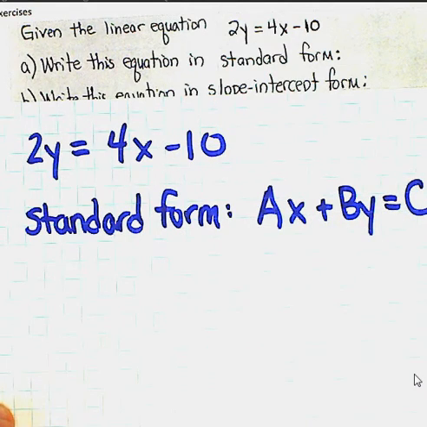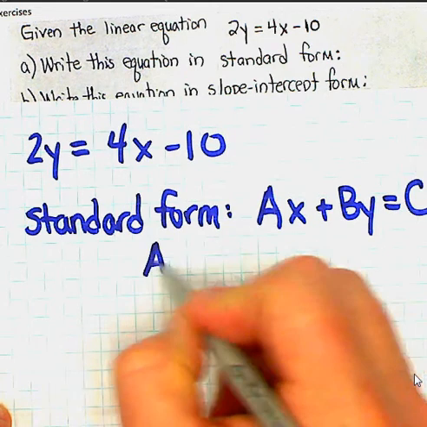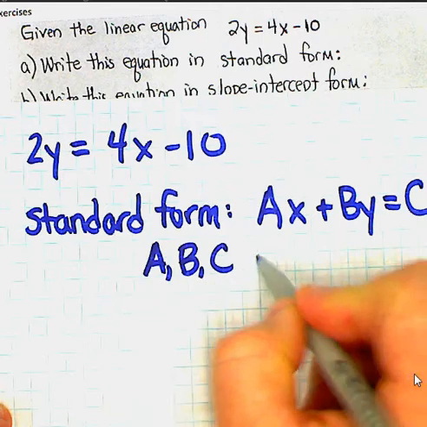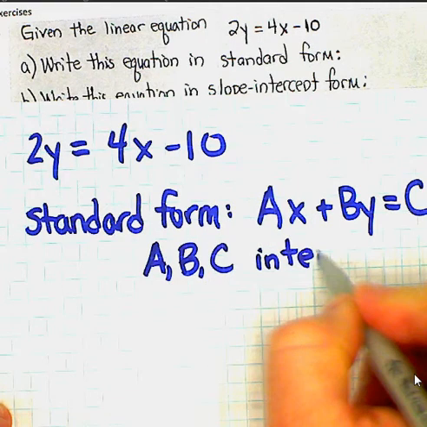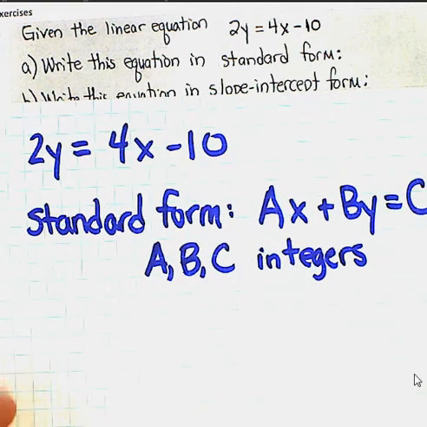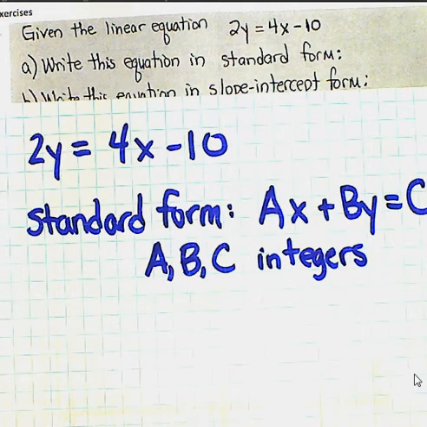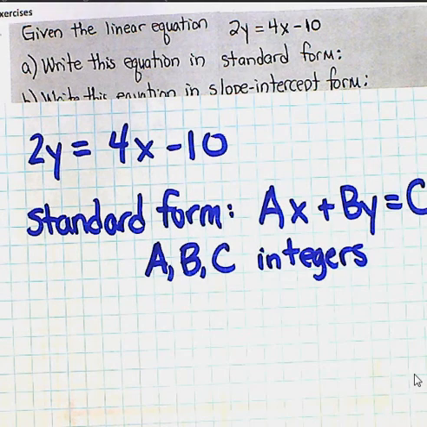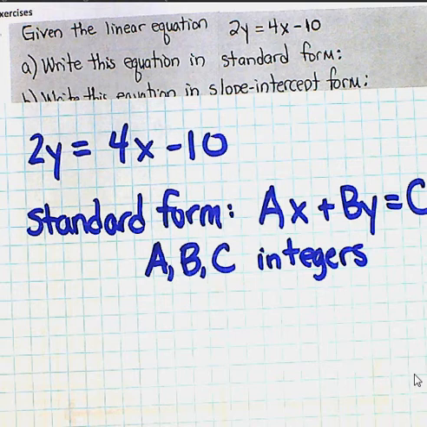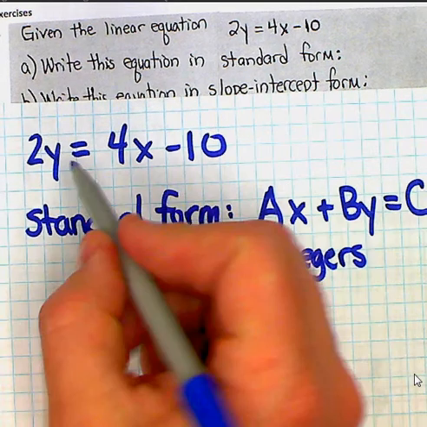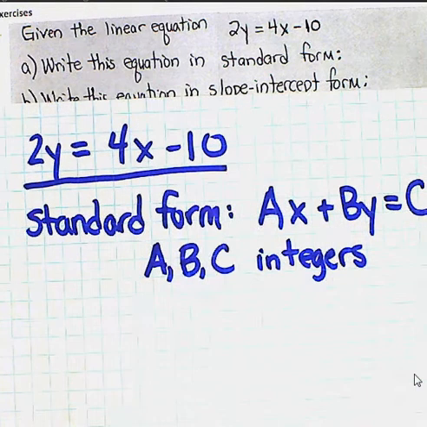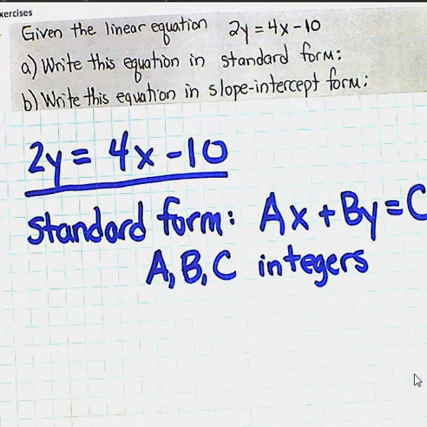They have to be integers. So you're talking about whole numbers and their negatives. You can't have fractions, you can't have decimals. So what is wrong with the way this equation is written right now that does not make it in standard form?